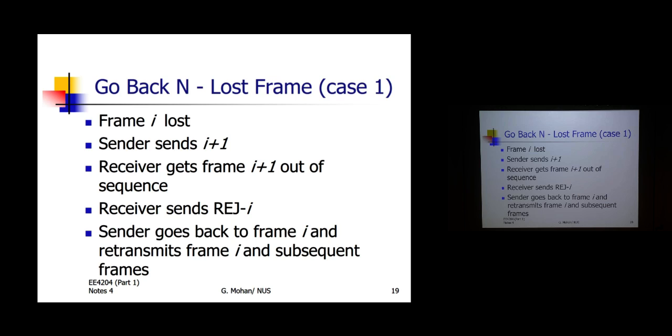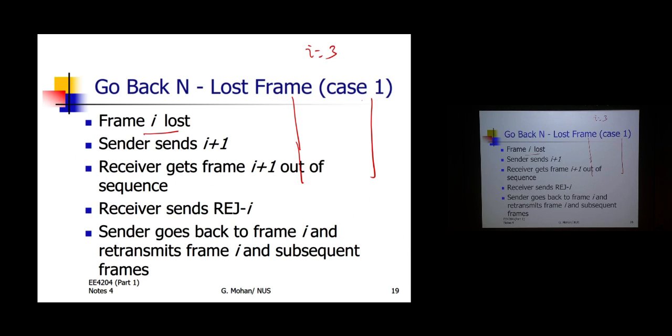Okay, let's look at one more case. This is the case dealing with a frame which is lost. Let's say frame I is lost. In the previous case, let's assume that I is equal to 3.